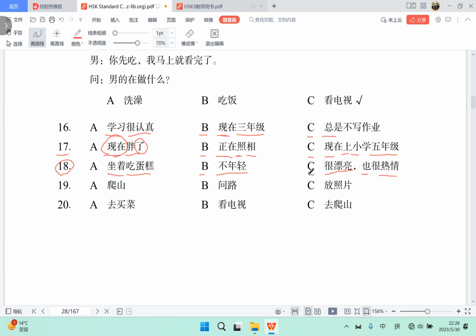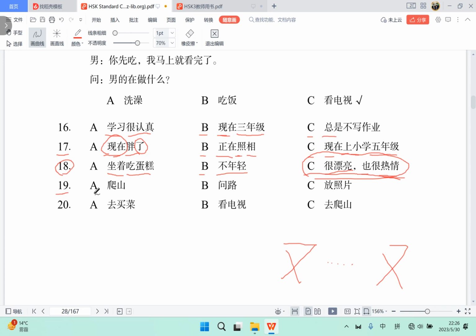So this could be an option because in this lesson we learn the structure 又什么什么, both this and that. So option C could be 又漂亮又热情, both beautiful and kind. So I think it could be C.